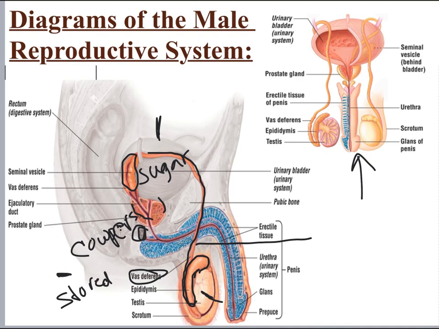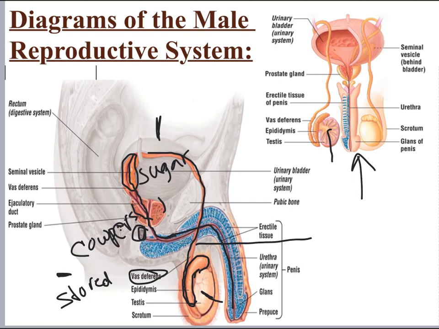And once the sperm passes through the seminal vesicle and the prostate, it's now in the urethra. Now it's full. Now you've got semen and you've got sperm all mixed together, and then that can be ejaculated through the urethra, okay?